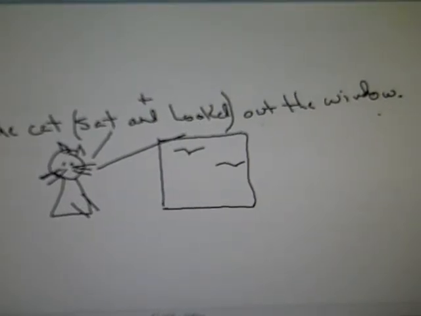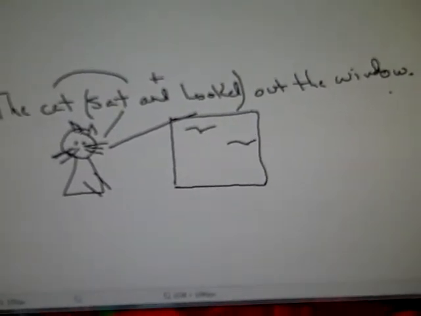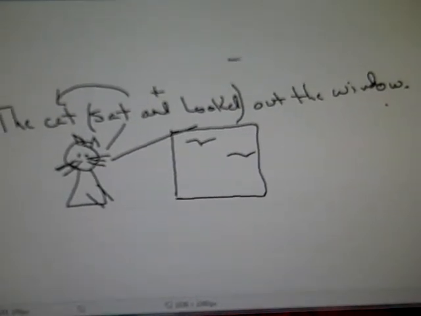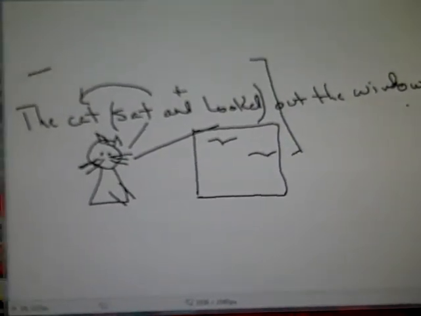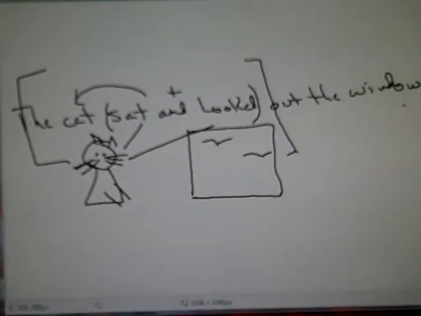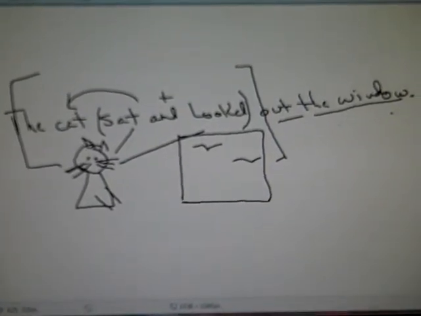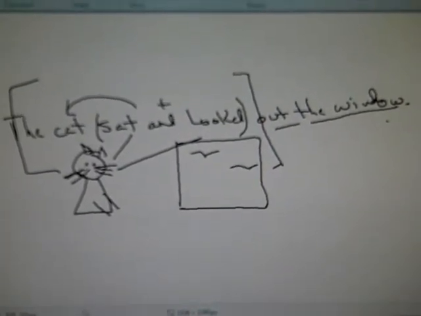So our subject is what? This is the most important part of the sentence. The cat sat and looked. And this other is really an add-on, out the window. It's nice to know why he's sitting and looking, though.